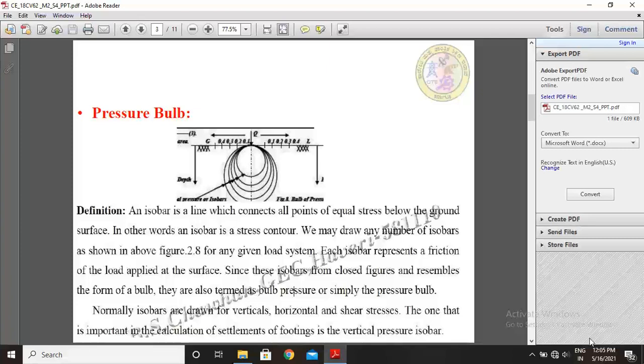See here, this is the contact surface and here the pressure is more, stress is increased. Next, if the load is increased, a second isobar develops. If you increase the load a third time, a third isobar is developed. If the load is increased again, a fourth isobar is developed, like that at a certain depth.